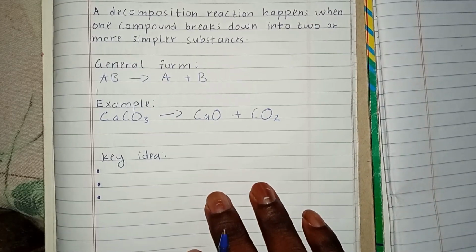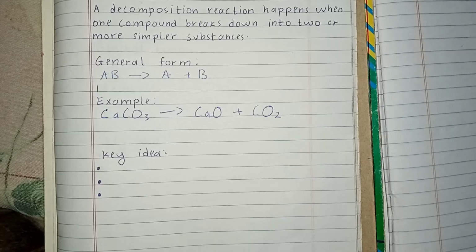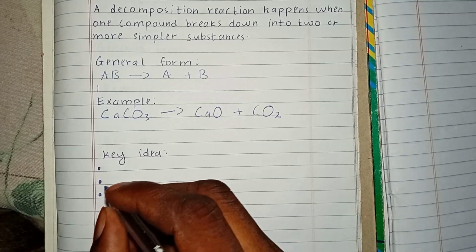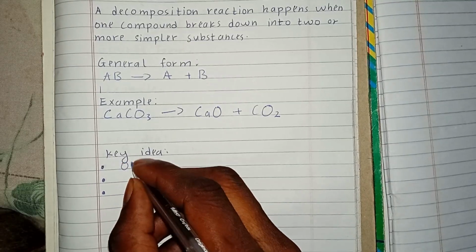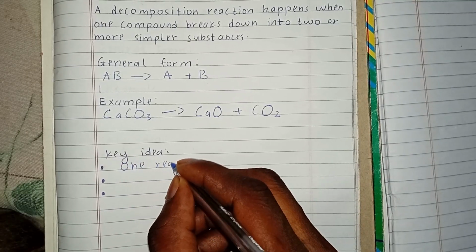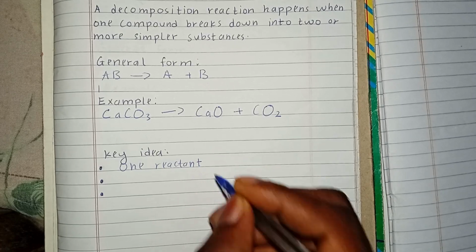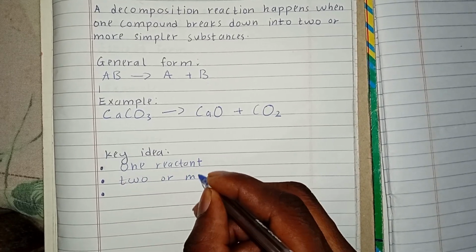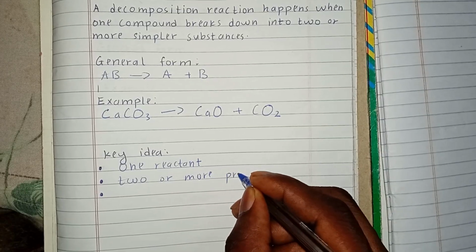Now let's take in the key ideas of this like we have been doing. So the key idea for decomposition reaction you have to know is in decomposition reaction there is one reactant giving out two or more products.